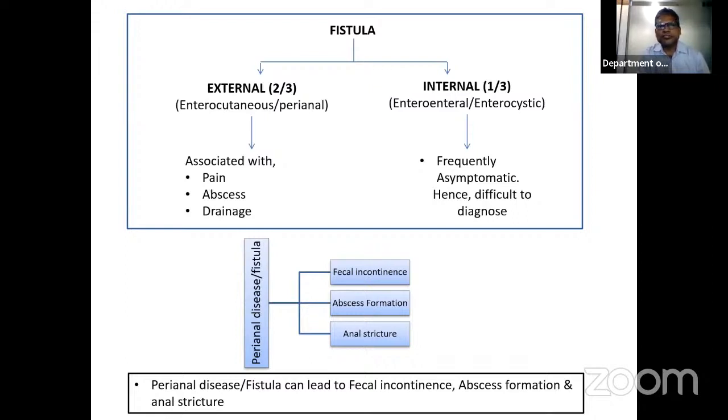The external fistulas are associated with pain, abscess, and drainage, while internal ones are frequently asymptomatic. Hence, they are difficult to diagnose because of their asymptomatic nature. Perianal disease and fistula can lead to abscess formation, fecal incontinence, and anal stricture also.